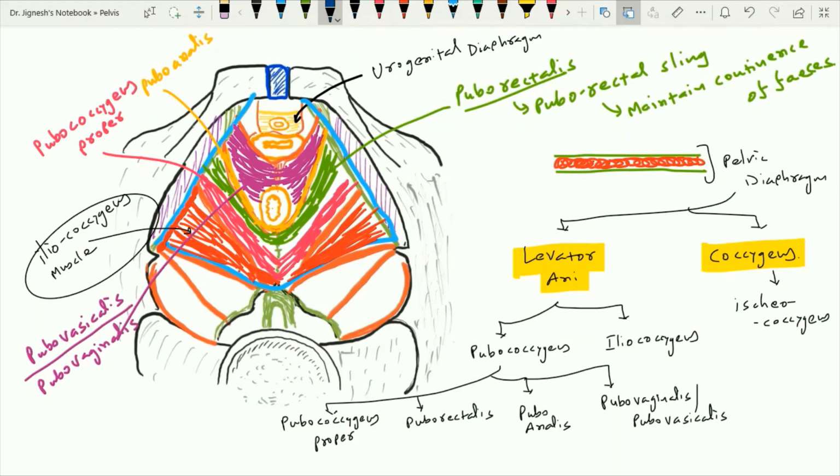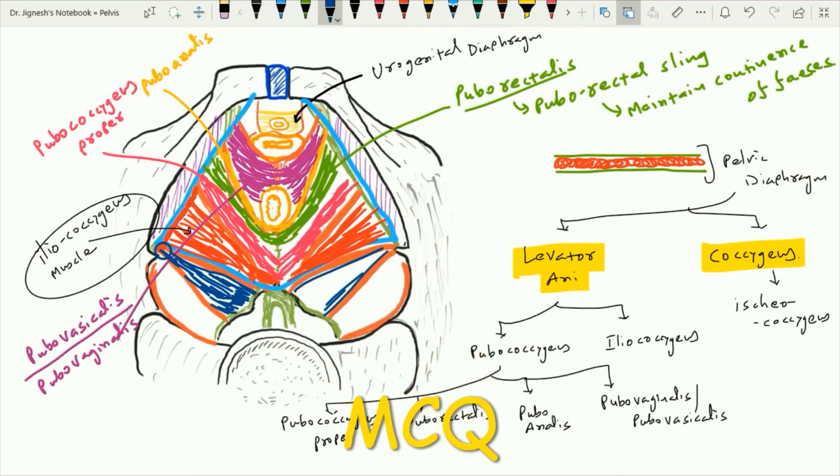So here in this figure, this is the ischio-coccygeus muscle, which is situated on the posterior aspect of the levator ani muscle. It arises from this ischial spine, passes backward and medially, and inserts over the coccyx as well as the lower part of the sacrum. The posterior most part of this muscle usually degenerates to form the sacrospinous ligament.